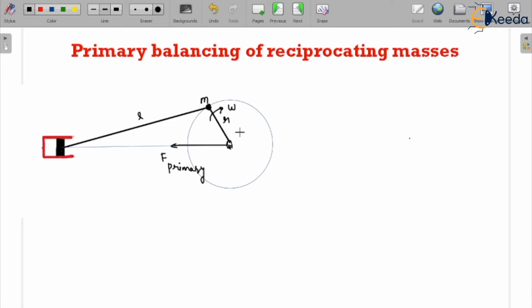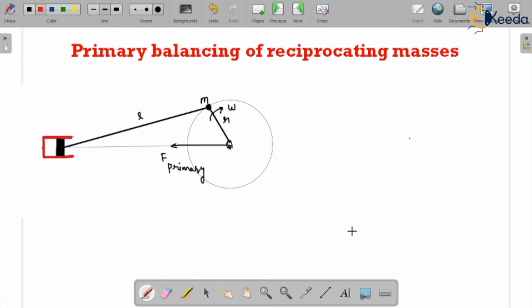Now we want to balance the primary unbalanced force, so we just have to assume a mass in the opposite direction at a certain radius. Let us consider that I have taken a mass of B kilogram, and the radius of rotation of mass B is small b.